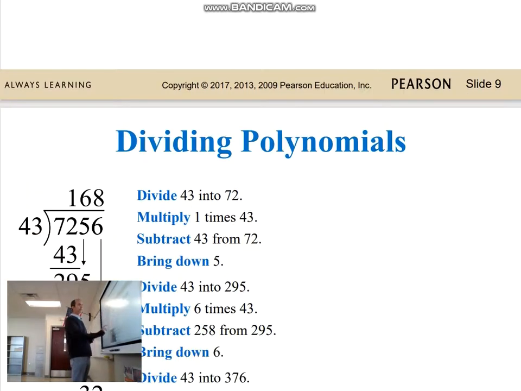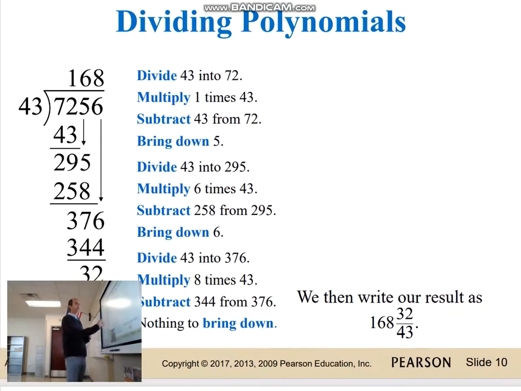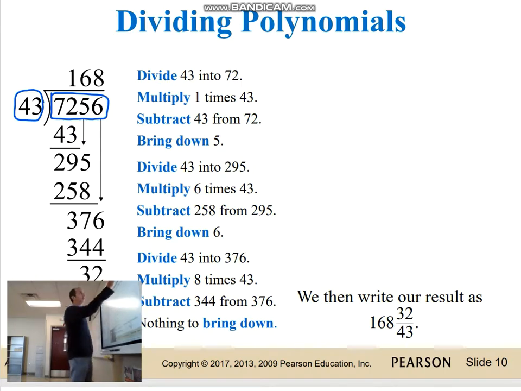On this slide, you will see the process of dividing the number 7,256 by another number, 43, and this is the step-by-step that you usually use to divide a number manually, right? When you don't have a calculator. This is how we learn to do it, and the result will show up here.